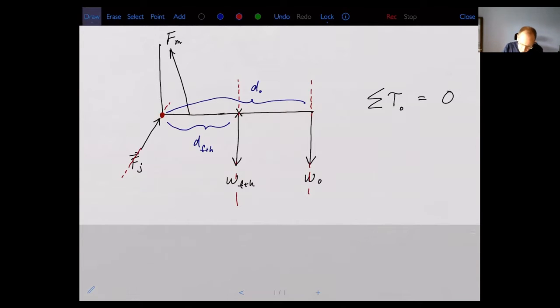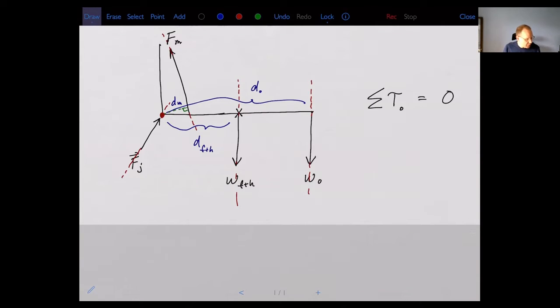And then finally, the muscle force, this would be the line of action, something like that. So the moment arm is going to be this distance. I'll do it in green. Here, it's a perpendicular distance. So that length, call it dm, is the moment arm for the muscle force.